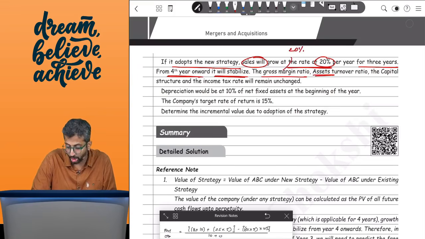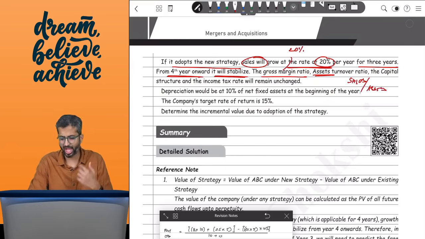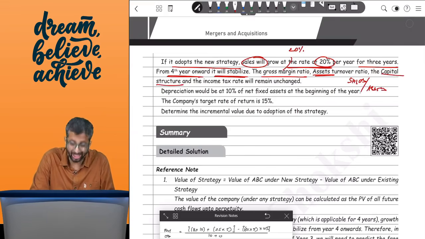The assets turnover ratio. Now, how do you calculate assets turnover? Sales divided by assets. Here you have assets being current assets and fixed assets, and the capital structure, that is debt and equity, and income tax would remain unchanged. So basically this is the important thing, your asset turnover ratio will remain unchanged.